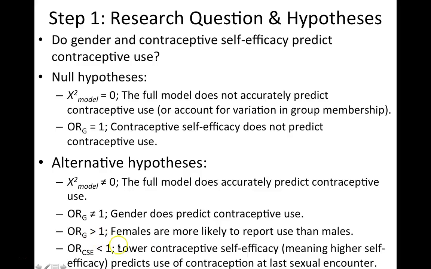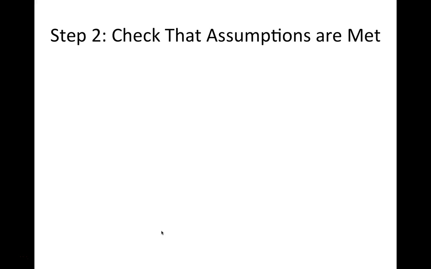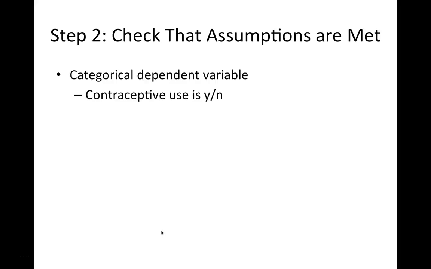And so we could do that for both the contraceptive self-efficacy and the gender variable. So we could look at that in a couple of different ways. It doesn't change what we do in our tests if we make it a directional or non-directional hypothesis. So we'll also check that our assumptions are met.